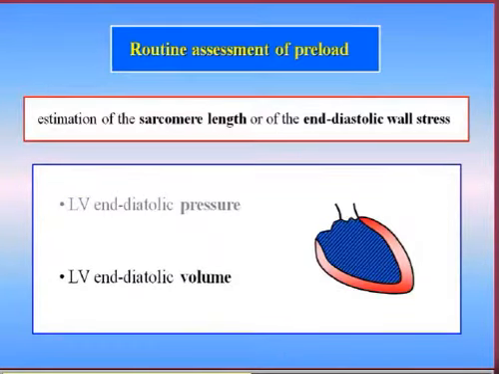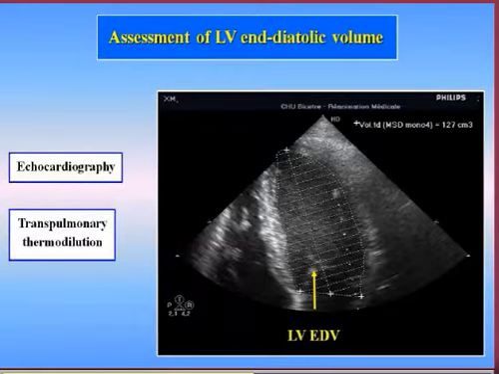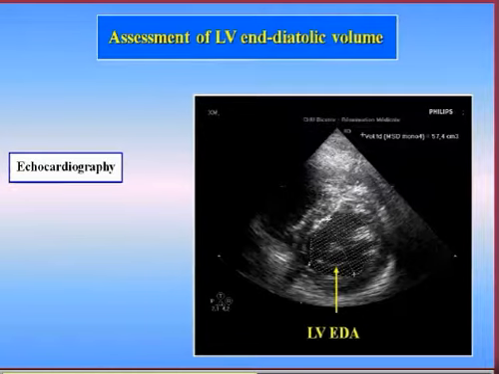Besides pressure, we also have the possibility to measure volumes. How to measure volume? Either by echocardiography or transpulmonary thermodilution. By echocardiography, we can measure the left ventricular end-diastolic volume. We can also measure left ventricular end-diastolic area.